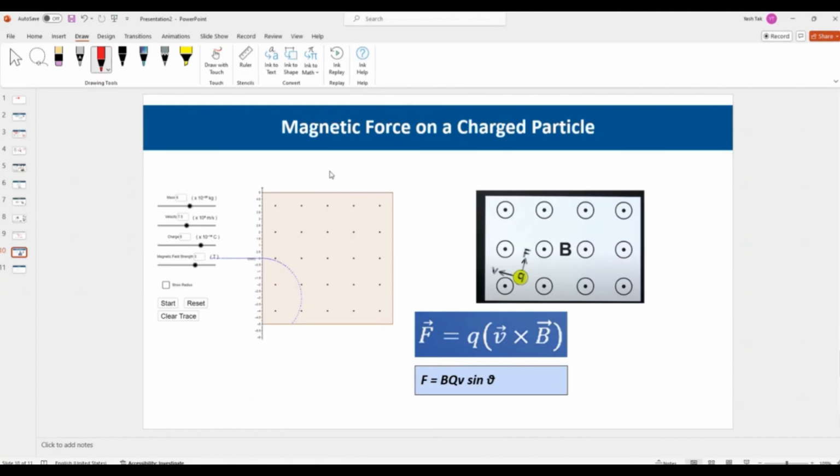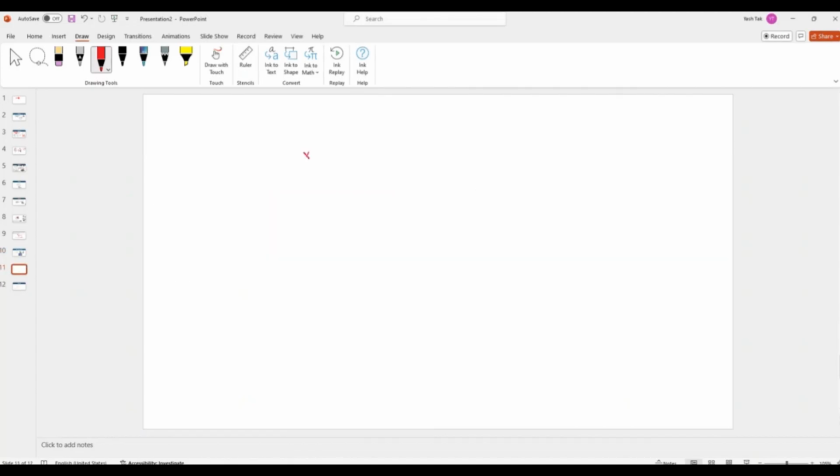Now, force on a charge. This is a bit tricky. When I draw a cross for the magnetic field, let's say the dark magnetic field is like this. This is B. What is the meaning of the cross for magnetic field? That means field lines are going into the plane. Field lines are going inside your laptop.